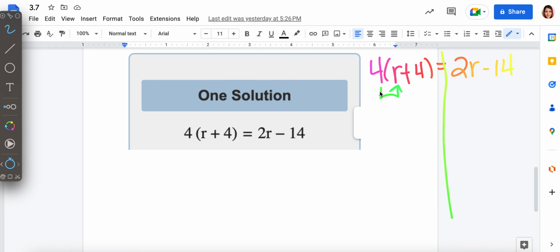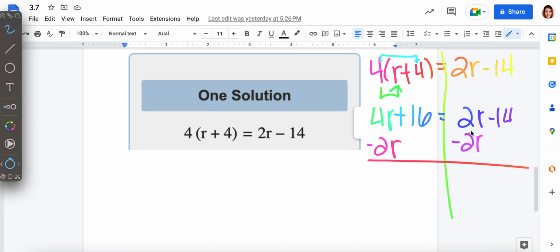So solving equations: 4 times r is 4r, 4 times 4 is 16, equals 2r minus 14. Subtract 2r from both sides. I am putting my variables on one side. That 4r minus 2r is 2r, plus 16 equals, just left with a negative 14 over here.